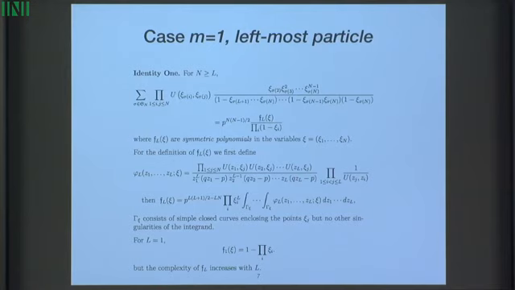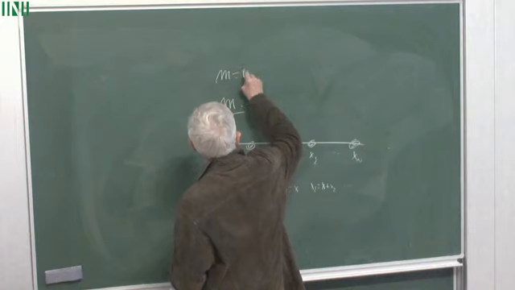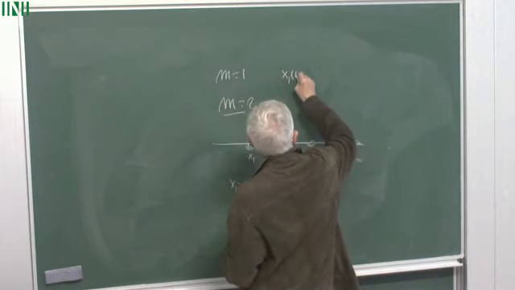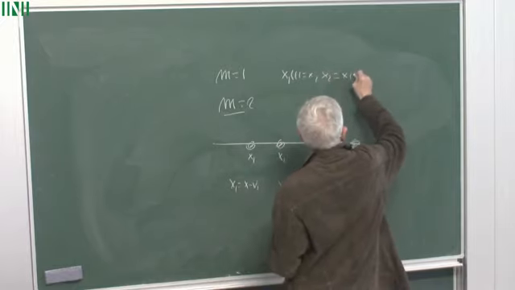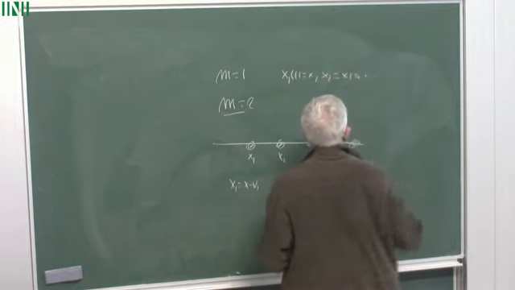Now, it turns out there are some miraculous identities in this problem. When you do that sum, the simplest case is m equals 1. So x1 of t equals x, x2 equals x plus v1, and so on.